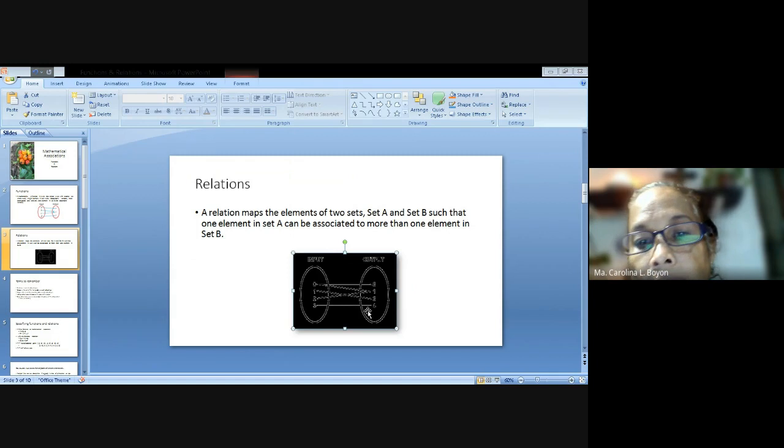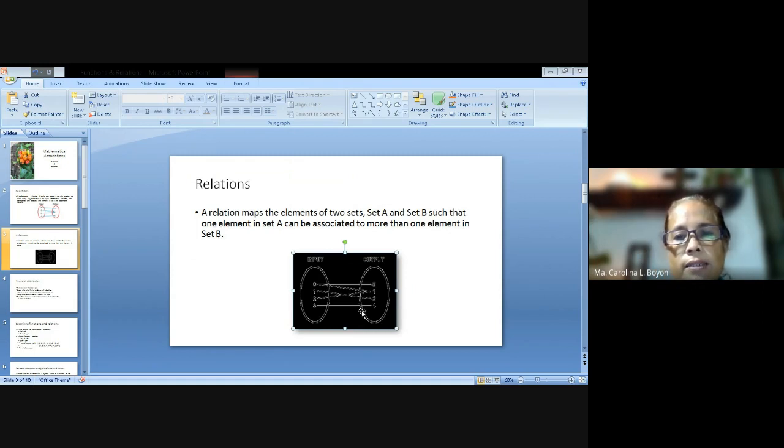And for the first element 1 in set A, it corresponds to one element, 3 in set B. 2 in set A corresponds to one element in set B, which is 1, and 3 in set A corresponds to 4 in set B.